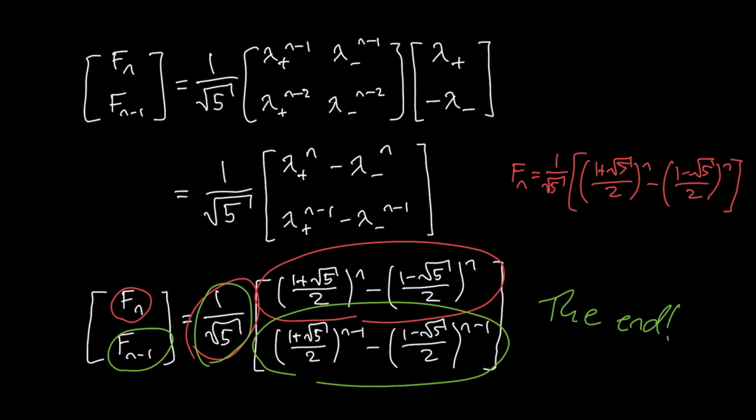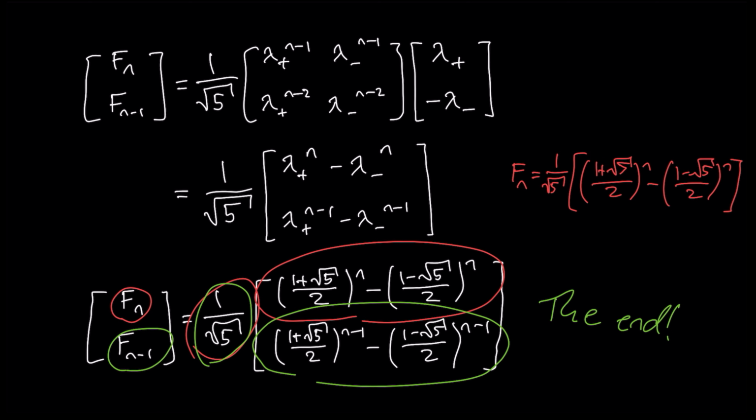So if you're wondering, like me, how does this equation give us the Fibonacci sequence? This sequence of calculations we've done, this derivation we've just completed, is why. Because if you write the Fibonacci sequence as a matrix equation and use the techniques of linear algebra to diagonalize the matrix and turn a recursive formula and a recursive structure into more of a function where you just plug in a value of n and get a number out, you get that equation.